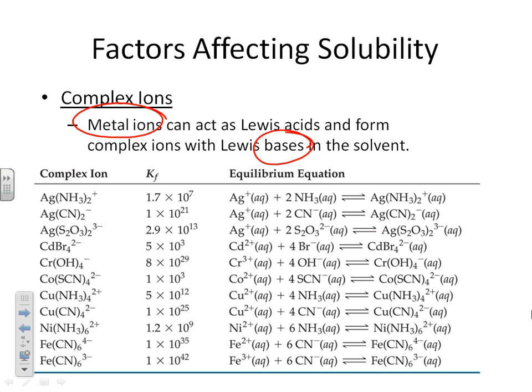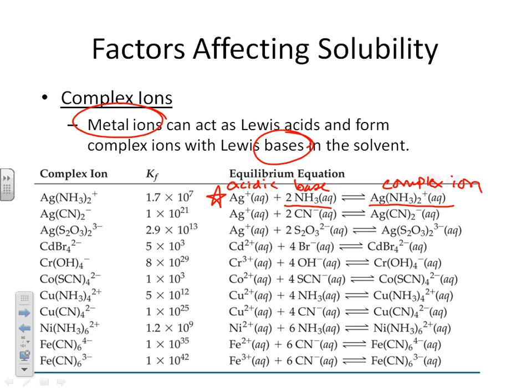This right here is a listing, this table is a listing of common complex ions, and essentially they're formation reactions. So if we look at the very first one, we see we've got the silver ion. So this is weakly acidic, and it combines with ammonia, and that's a base, and then it makes this thing right here, and that's what's called the complex ion. It's complex because it's not simple, it's the sort of weird thing that's involved.